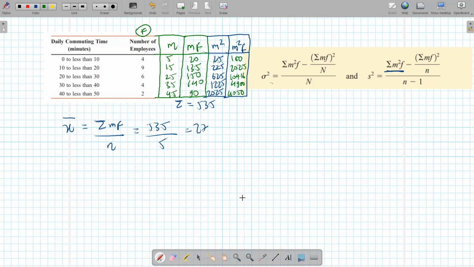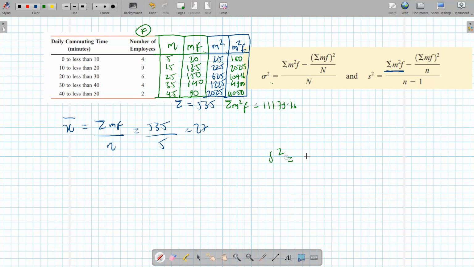And then you add them up. Summation m squared f, you add them up: 100 plus 2025 plus 104.16 plus 4900 plus 4050. That's going to give us summation m squared f, 11179.16. Now we have everything. Let's just plug it in.